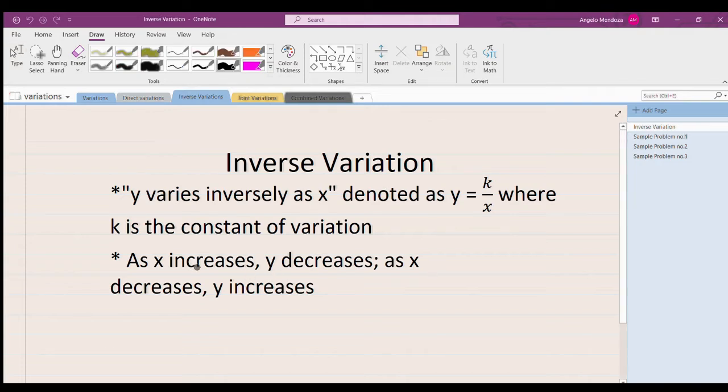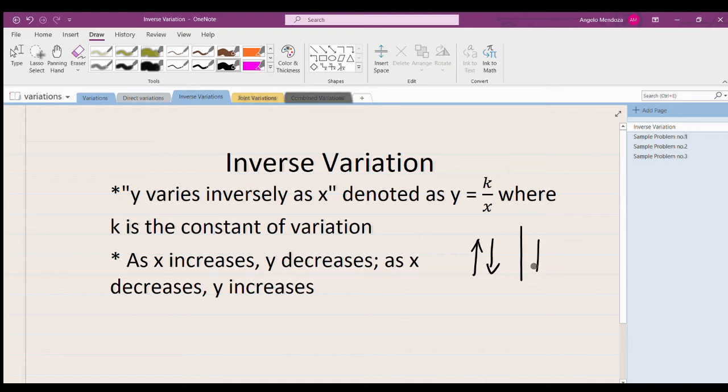So as x increases, y decreases. As x decreases, y increases. So whenever there is an increasing effect, then there will be the opposite of that. If one is increasing, then the other one will be decreasing.